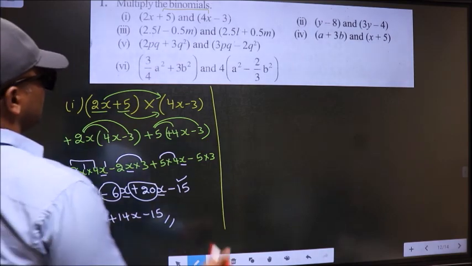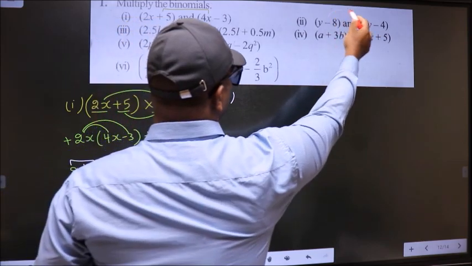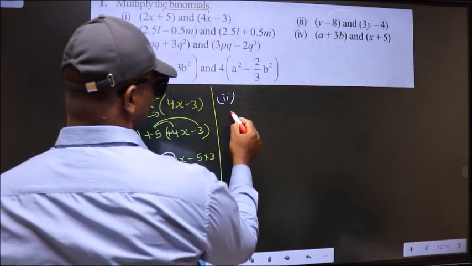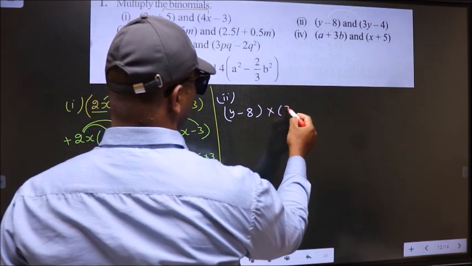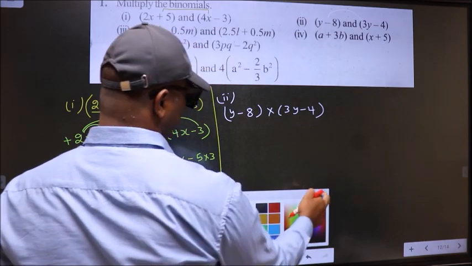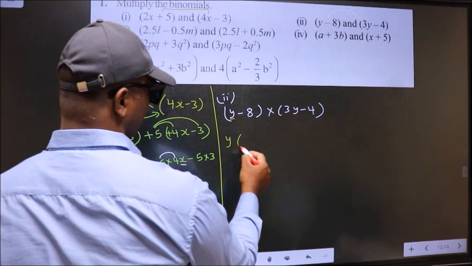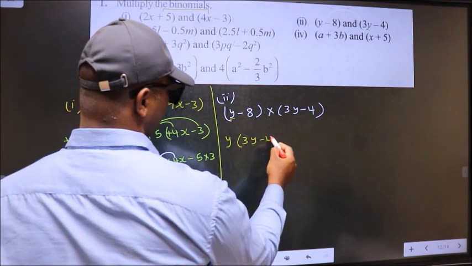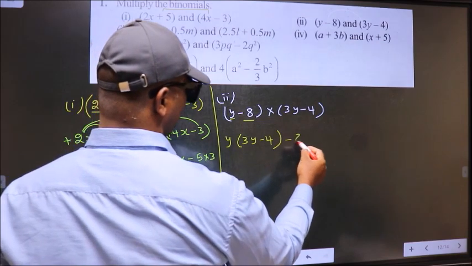Next, second bit, we should multiply these two, that is y minus 8 into 3y minus 4. Now first with y we should multiply this bracket. Now with minus 8 we should multiply this bracket.